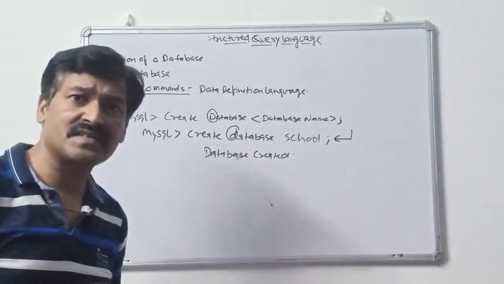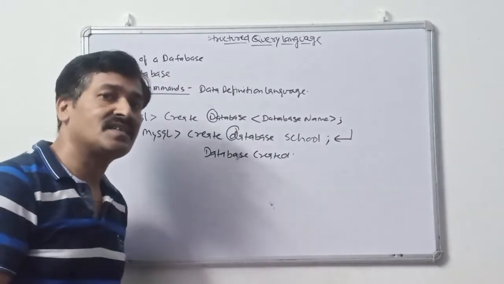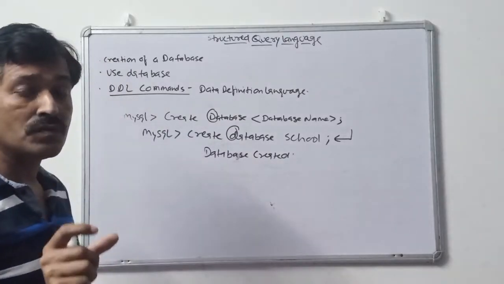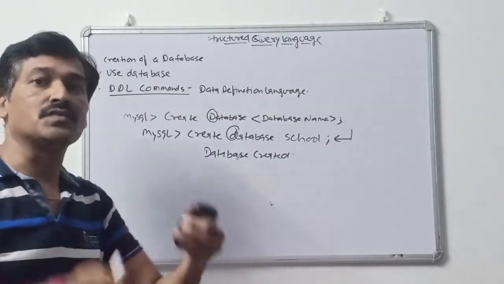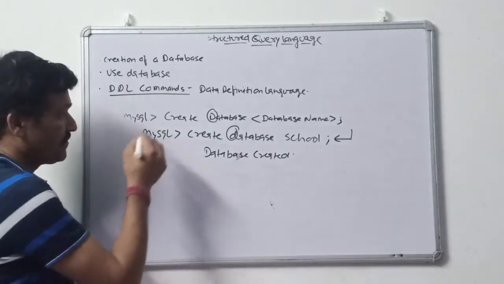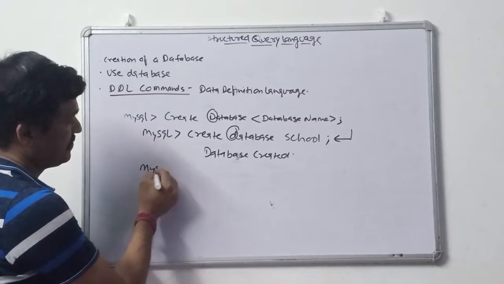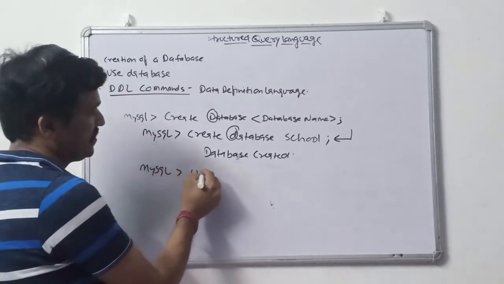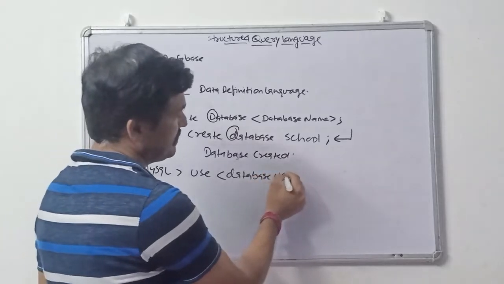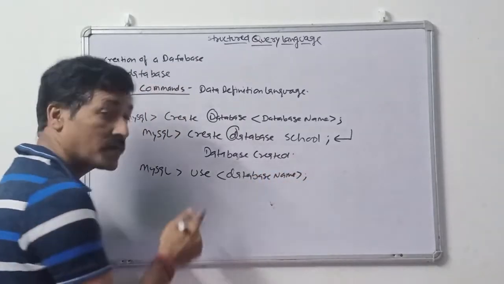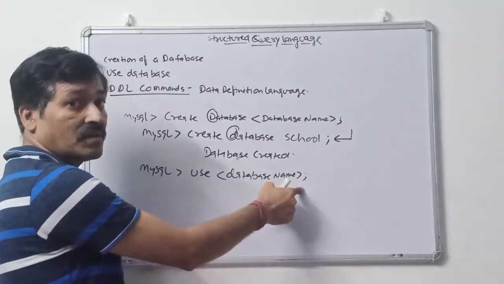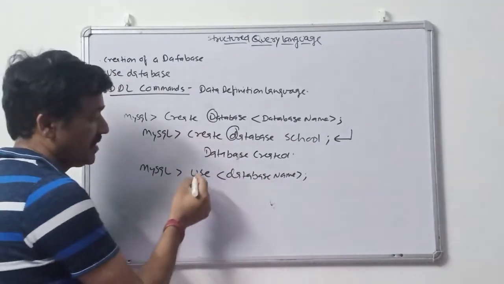Once the database is created, to operate on it, to use the database, we have to write the command use database name, followed by a semicolon.